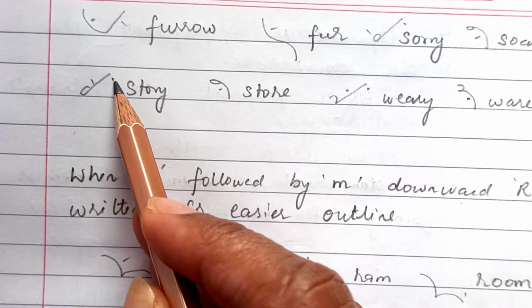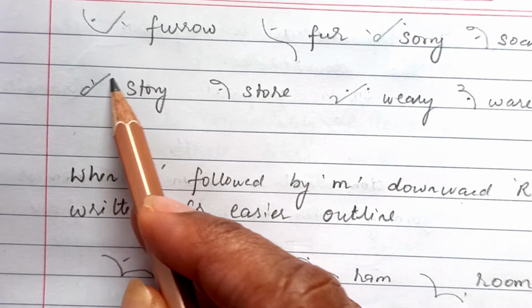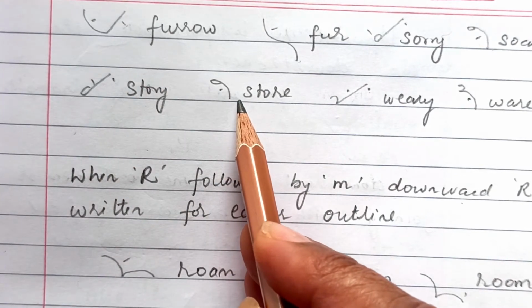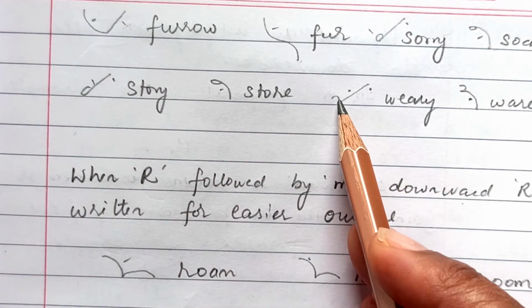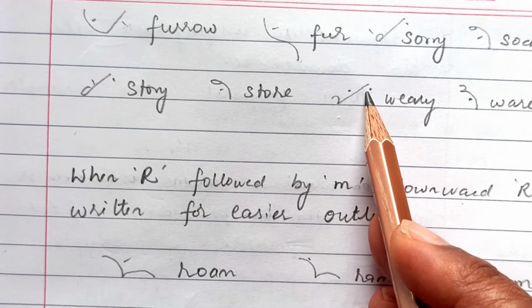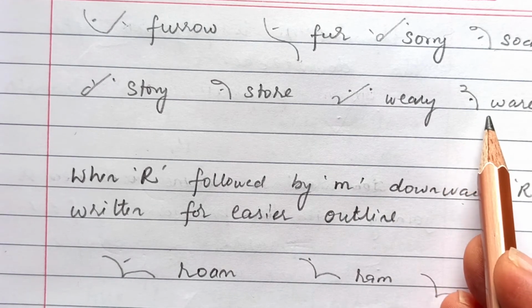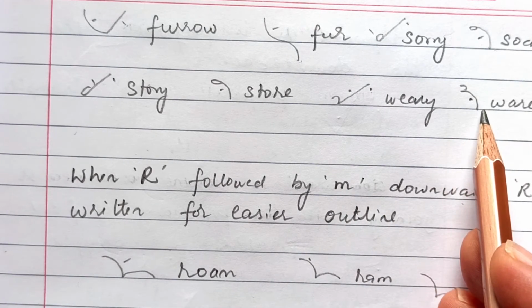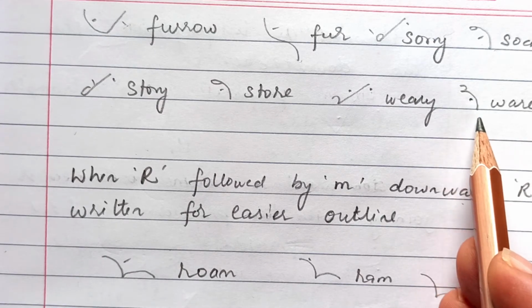Again, story, the vowel follows R, and store, there is no following vowel. And very, the vowel follows R, and where, there is no vowel following R, hence the downward.